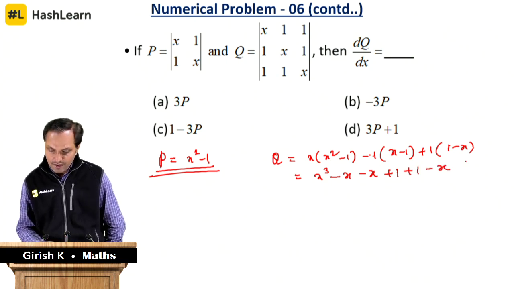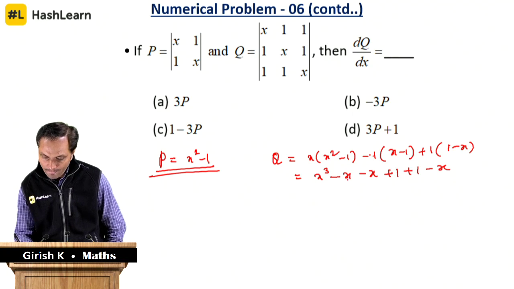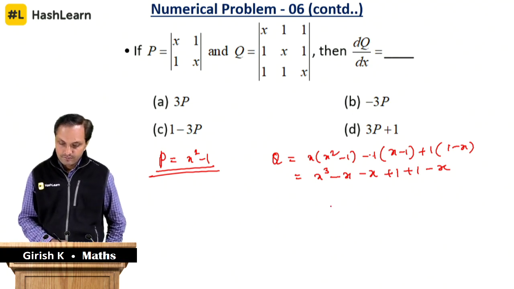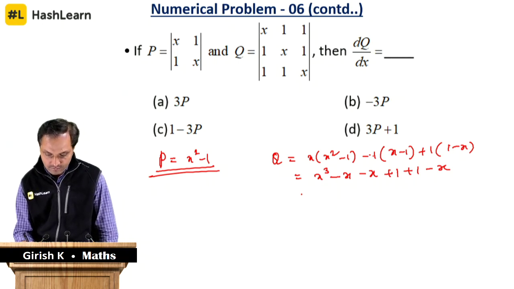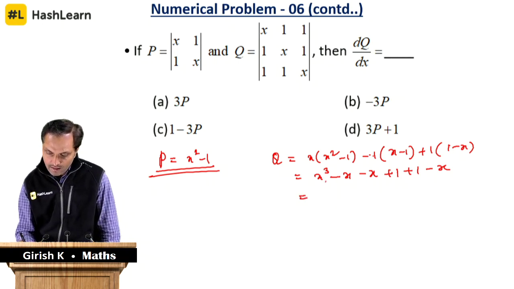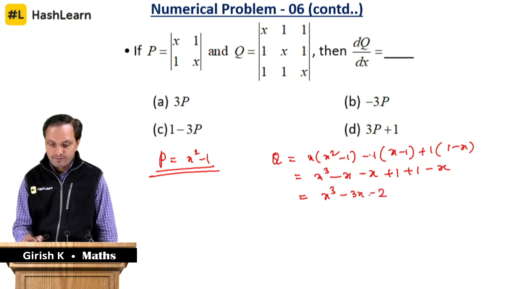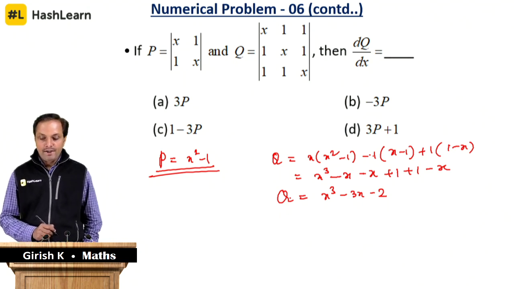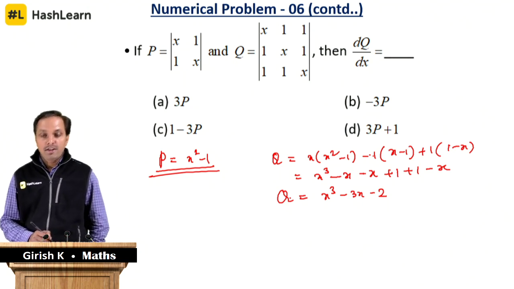Once you do the simplification, what does this become? x cube minus 3x minus 2. This is what your Q is.